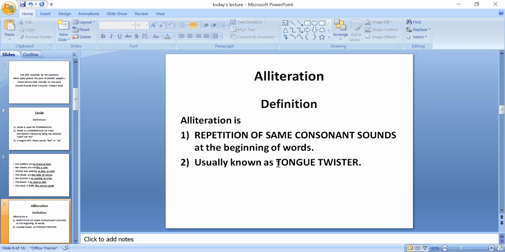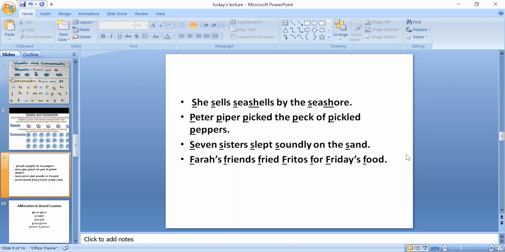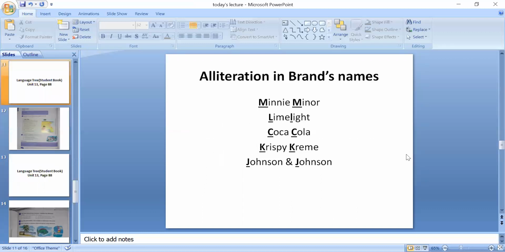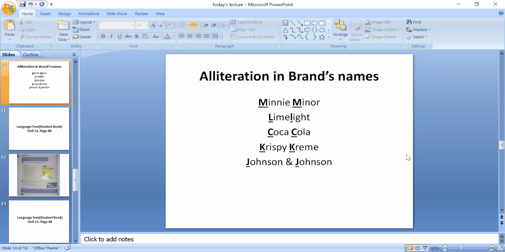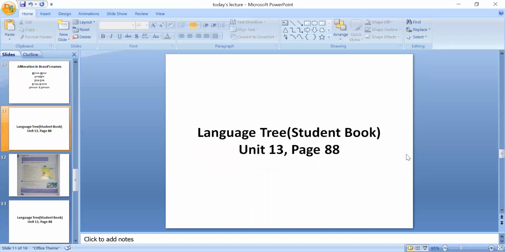In common words, you can say tongue twister, but it's better you say alliteration. Okay, I have told you these examples. These are examples of alliteration in brand names.